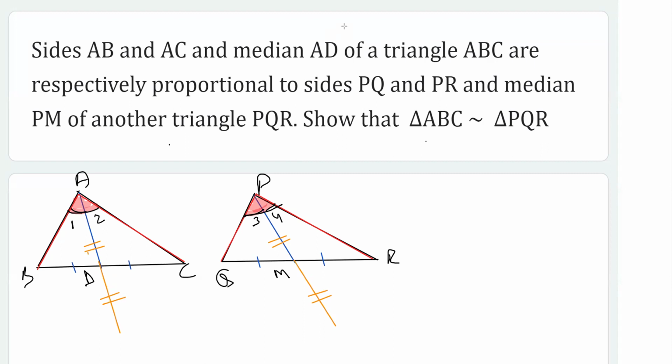First, I need to name this point. Say this is E, and in PQR, I name it N. And we also need to join these.